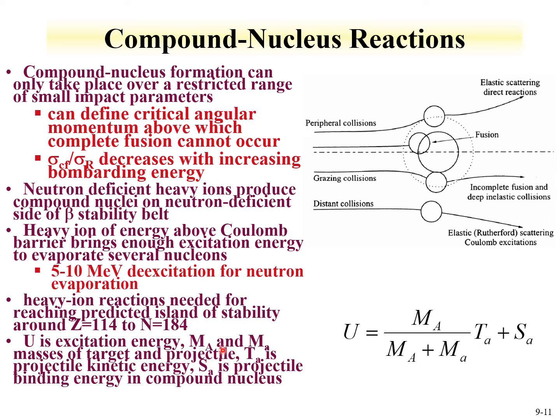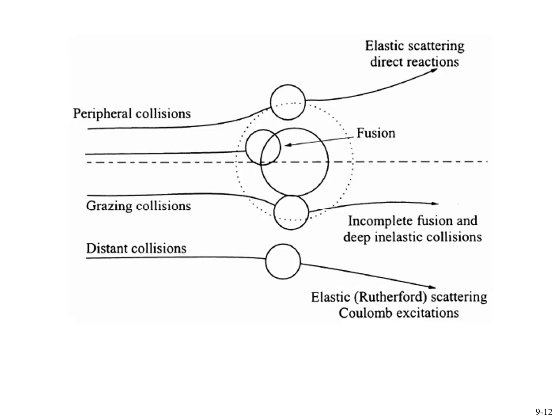For the heavy ion reactions, an overview is listed here, the same figure that was shown on the previous page, where we can get collisions that are primarily elastic scattering, some distant collisions where you can get Coulomb excitation of the nucleus, and as the particle comes closer to the nucleus, you can get some transfer reactions.